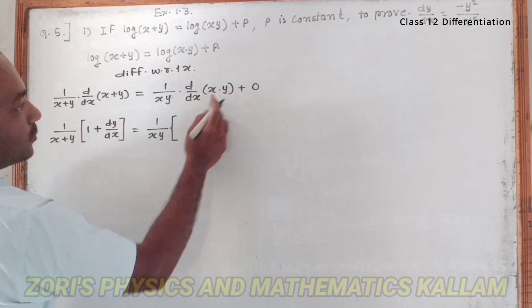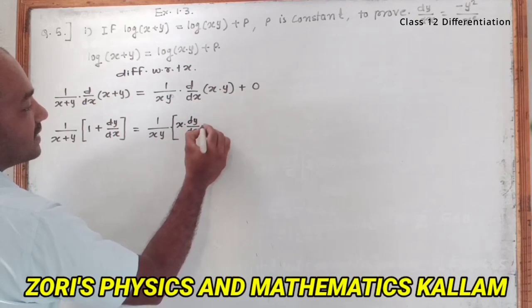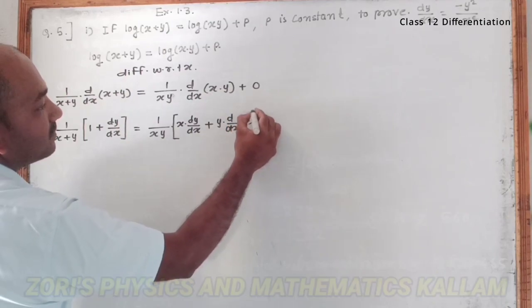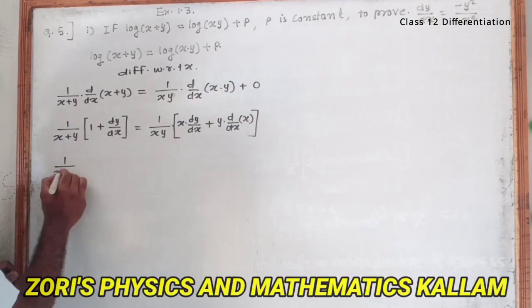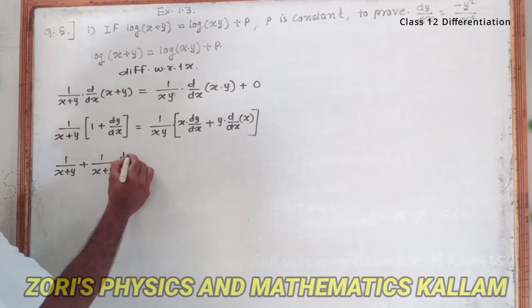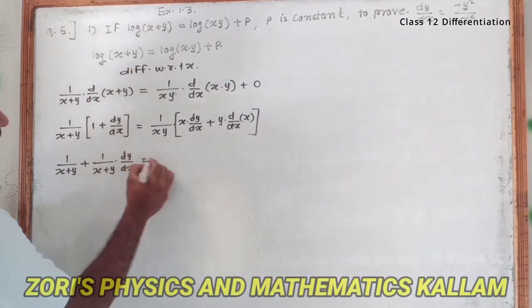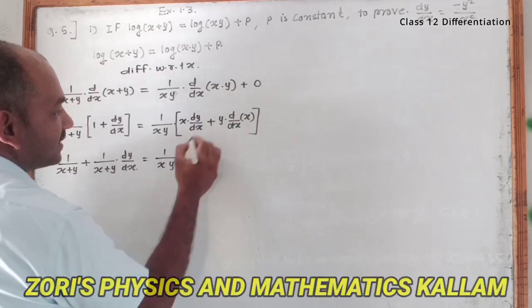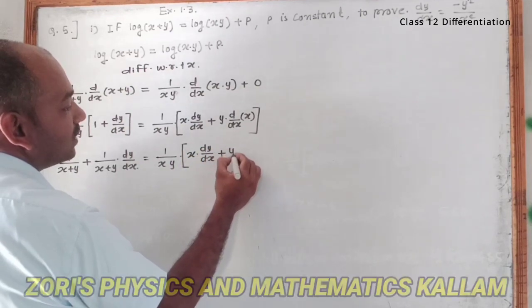This is a product, so use the product rule: x into dy/dx plus y into d/dx of x.